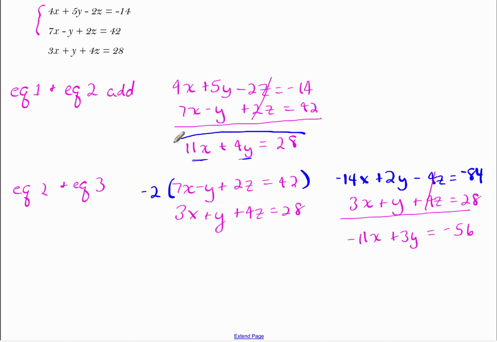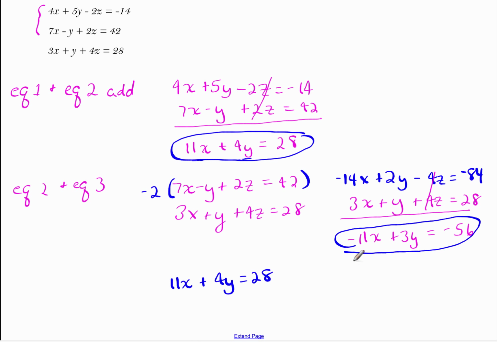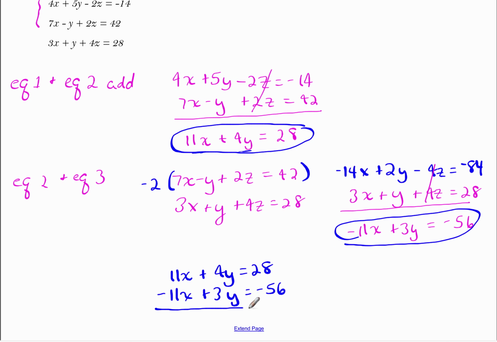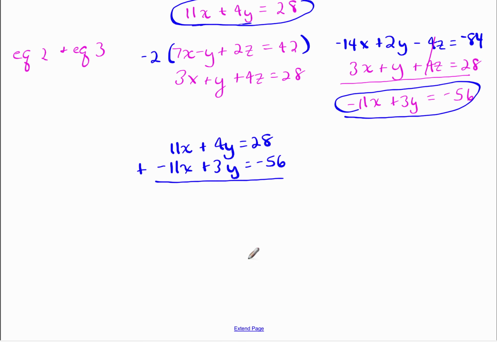If I take this equation and I take my new equation over here, I have beauty happen. When I add those together, my x's cancel out, and I've got 7y equals negative 28.